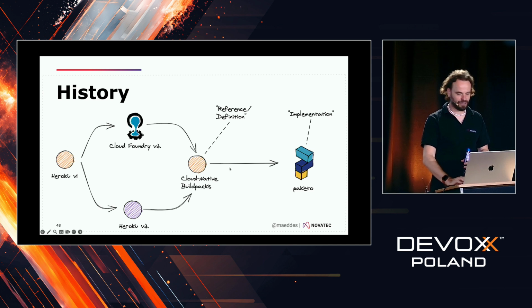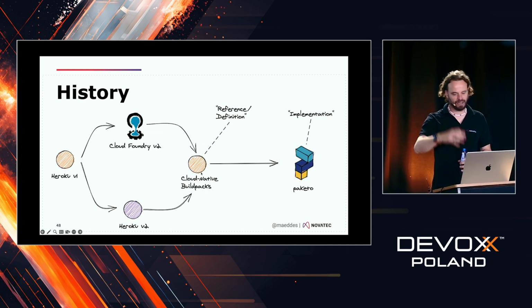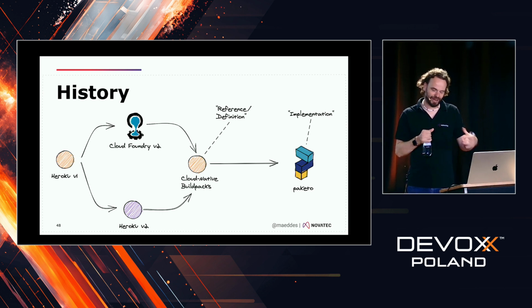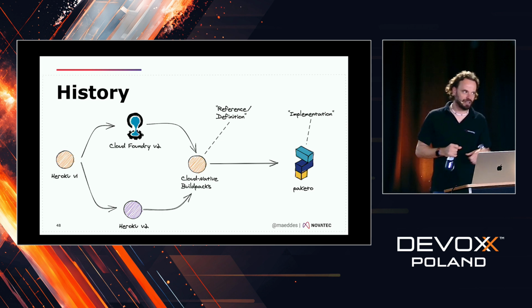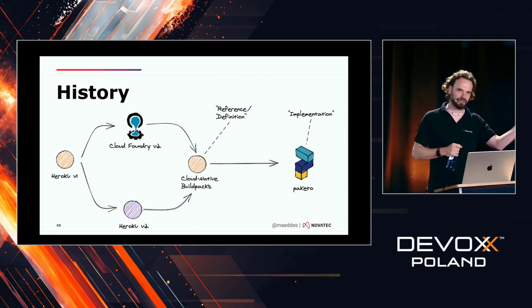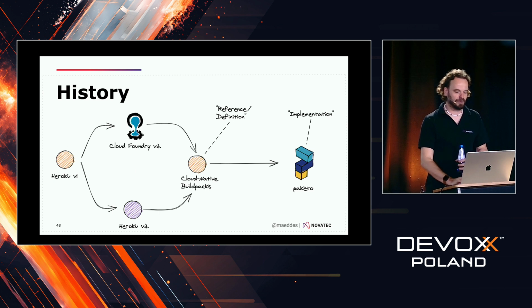So they created that Cloud-Native Buildpacks project, which tries to create a standard, but it's open for various implementations. So there are implementations from Google, there are implementations from Heroku, and the implementation from the Cloud Foundry community flew into a project which is called Paketo.